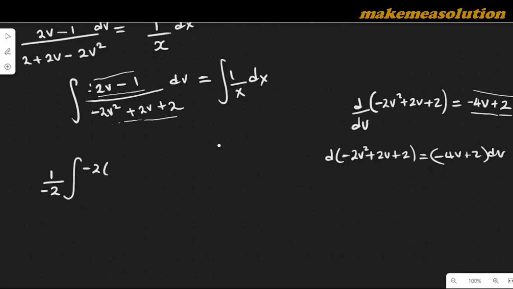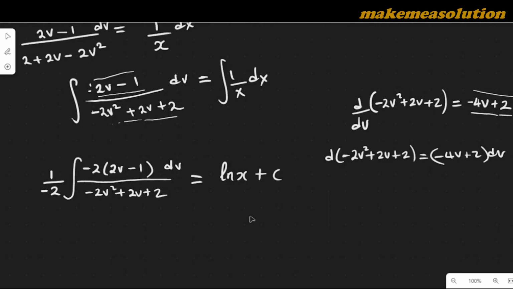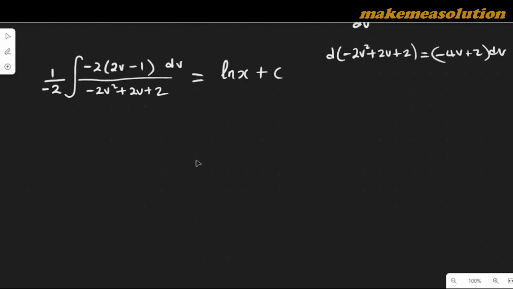So the essence of creating minus 2 is just to make this numerator conform to this form. So you have (2v minus 1) dv all over negative 2v squared plus 2v plus 2, and this is going to be the natural logarithm of x plus c in this case.